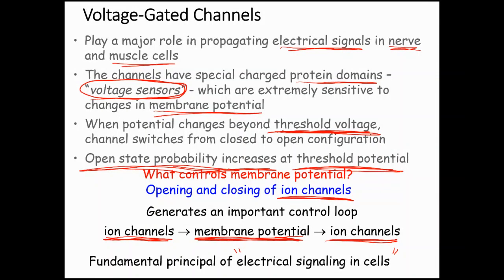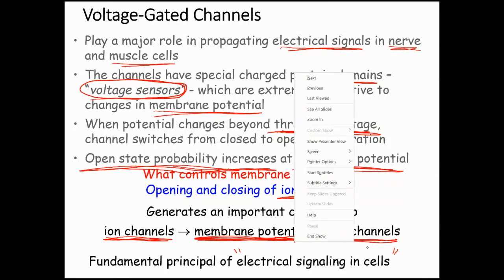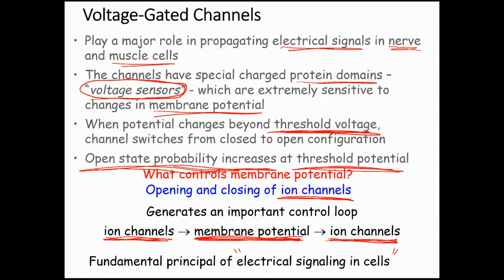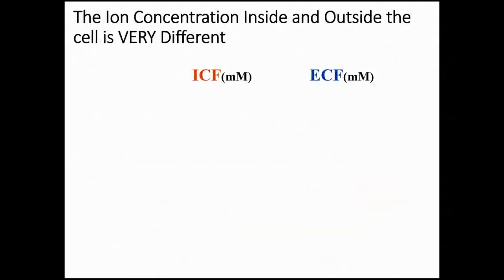So ion channels are responsible for causing the membrane potential to be there, but changes in membrane potential can in turn influence whether the various ion channels are opening and closing. It's a circular loop. You get it? This is the fundamental principle behind electrical signaling in various types of cells.